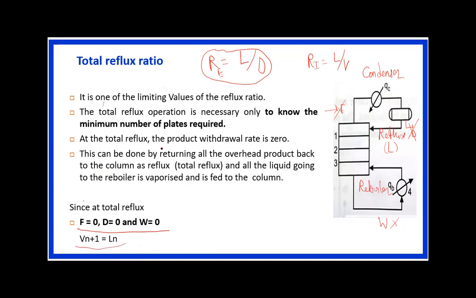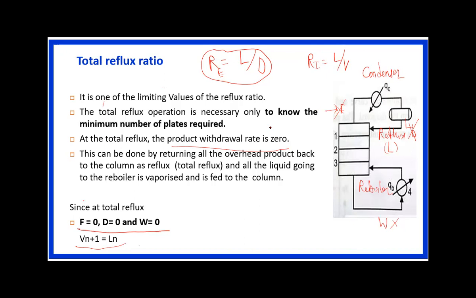So at the total reflux condition, the product withdrawal rate is 0 and the number of plates required is very small. And that is one of the reasons that to know the minimum number of plates required in the design of distillation, this total reflux ratio condition is used.